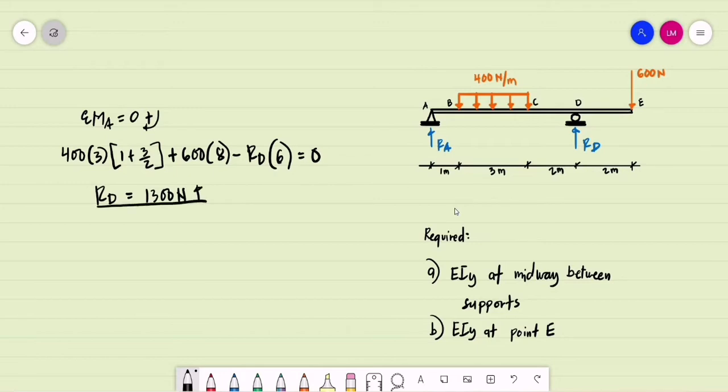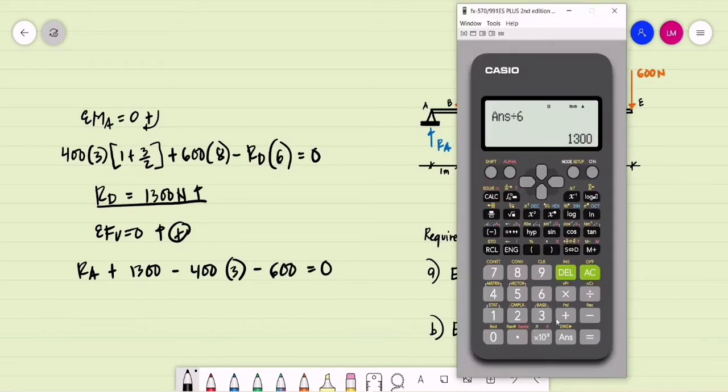Then to compute for the reaction at A, we do summation of forces vertical equal to 0, assuming upward forces to be positive. So we have R sub A plus R sub D, which is 1,300, minus the 400 multiplied by 3, minus 600 equal to 0. So we'll be having 1,300 minus 400 by 3, then minus 600.